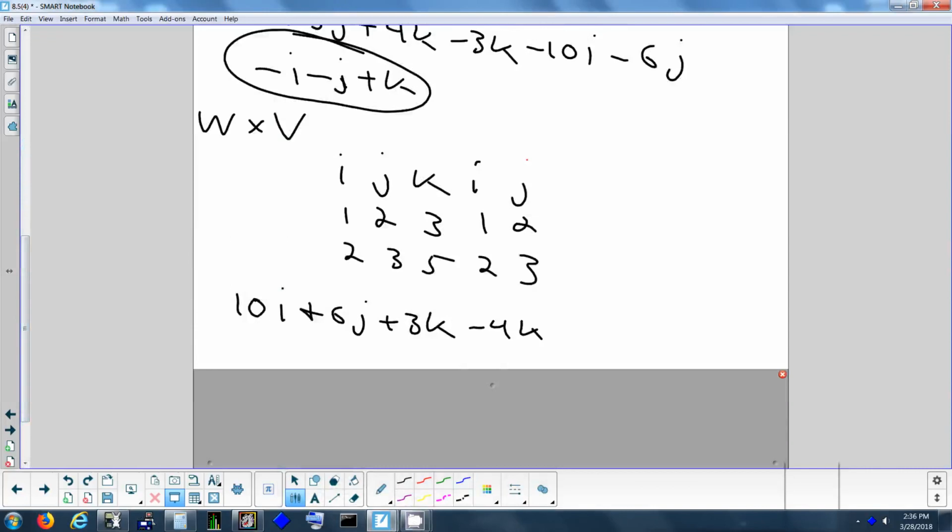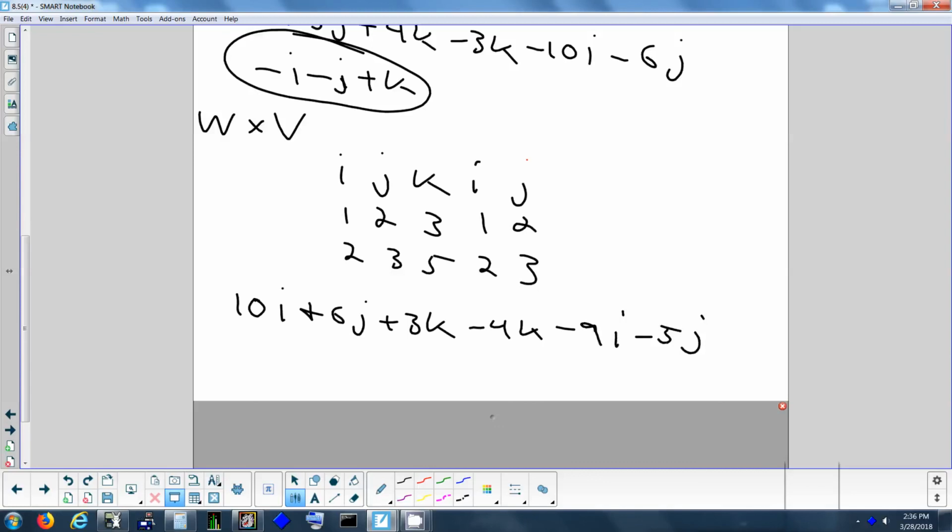I3 3: minus 9i. And the last one, J1 5: minus 5j. Okay. 10i minus 9i: i. 6j minus 5j: j. 3k minus 4k: minus k.